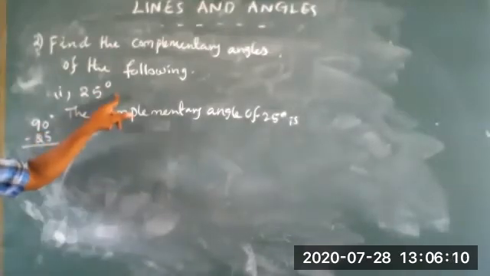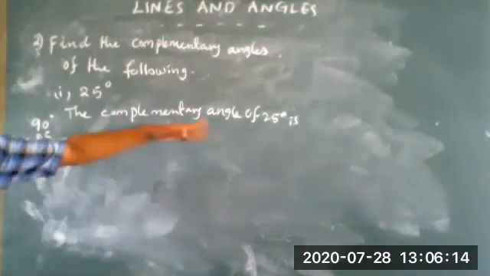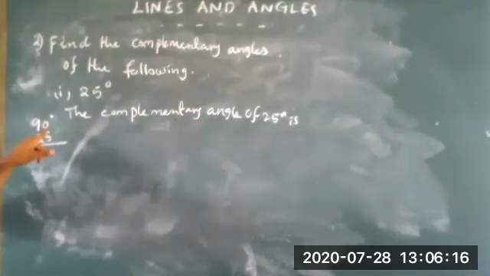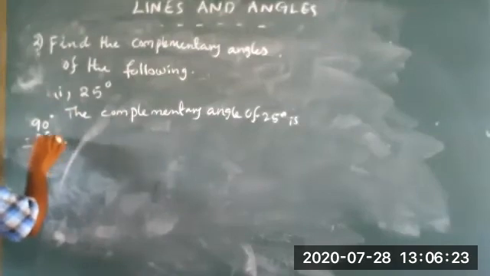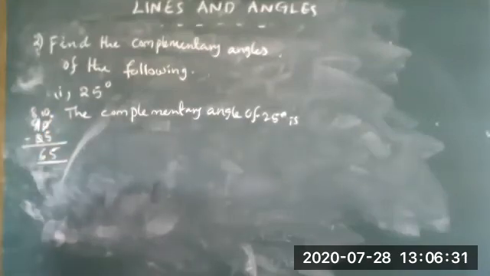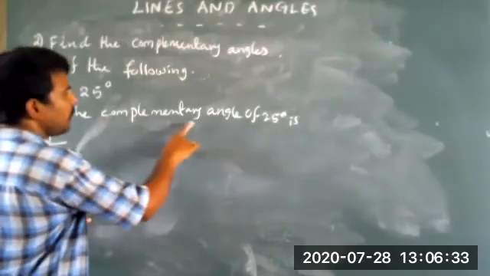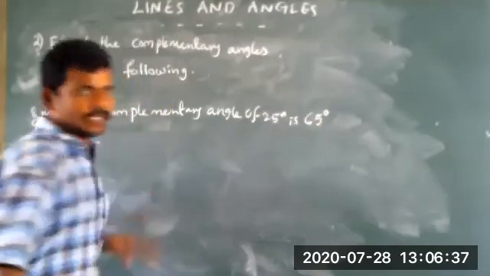So 90 minus 25: 0 minus 5 is not possible, take a borrow from the 10. Here 8. 10 minus 5 is 5. 8 minus 2 is 6. How much, children? 65. So the complementary angle of 25 is 65 degrees.